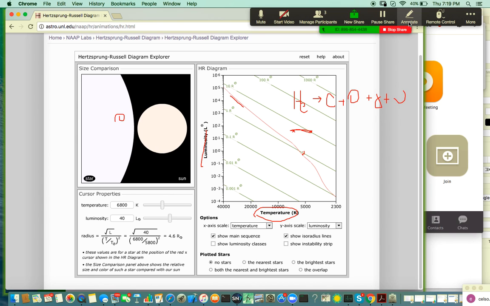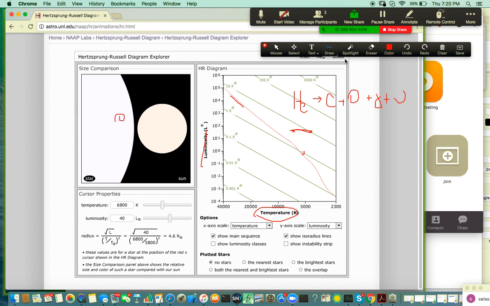There are no fusion reactions in the core, but there are shells where hydrogen fusion reactions and helium fusion reactions are taking place. And then eventually the sun's core reaches a temperature where fusion reactions of helium can take place.